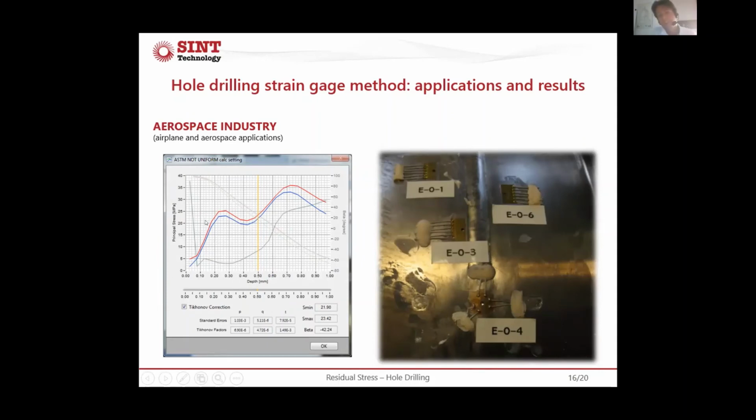And as you can see here, we have the trend of the residual stresses in the depth. And here we have very low values, despite we are on a welding, because it was stress relieved completely by the customer. And the results are, for example, less than 50 megapascal.